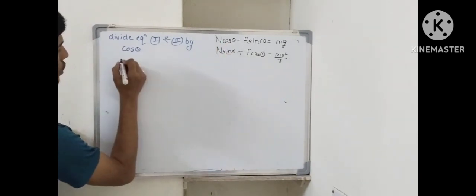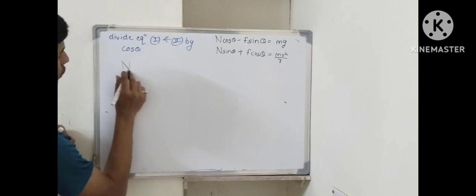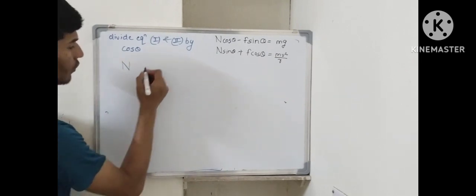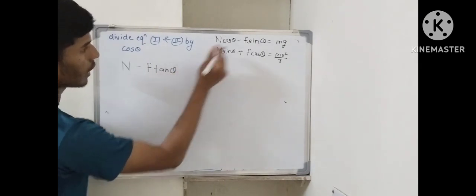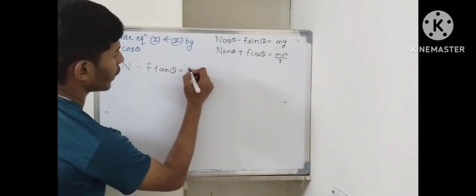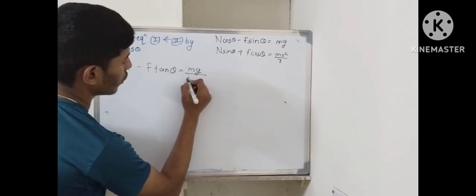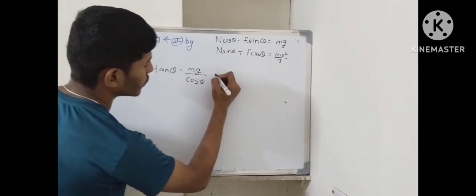First, cos theta upon cos theta cancel, n. Only n will remain. Minus f tan theta. Sin theta upon cos theta will be tan theta, and here will be mg upon cos theta. Name it as equation number 3.